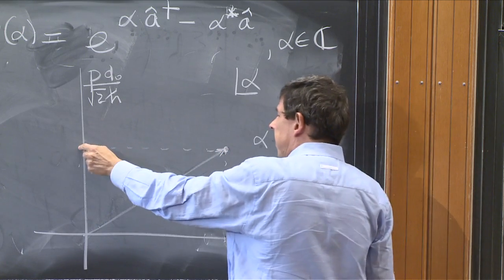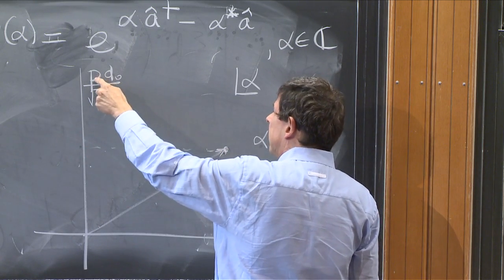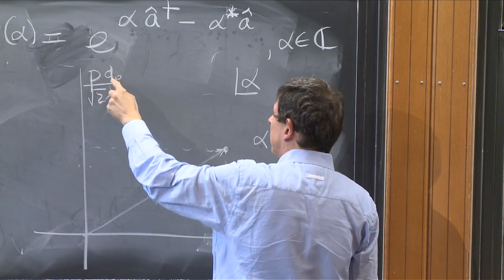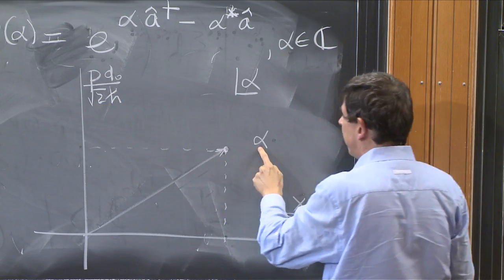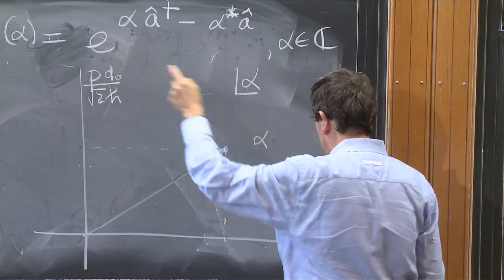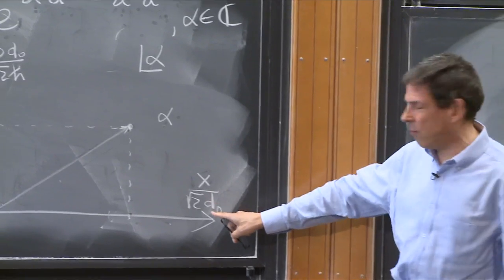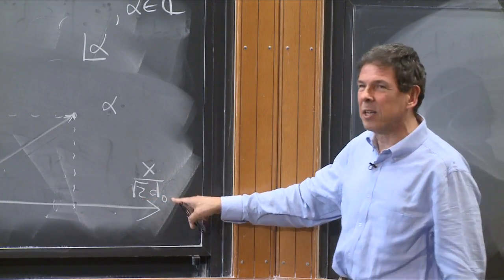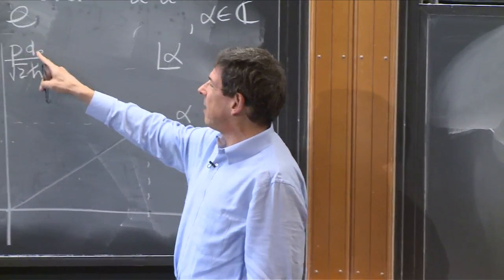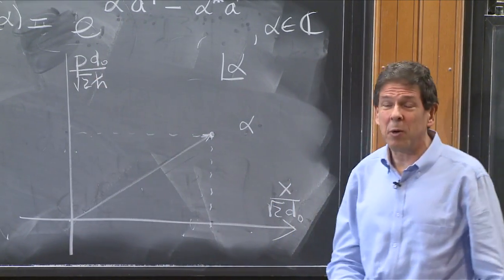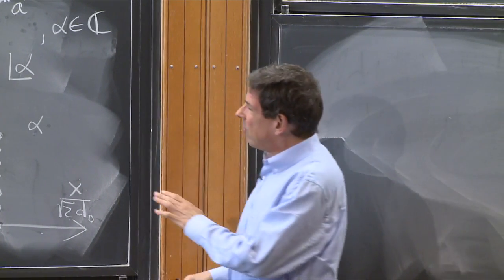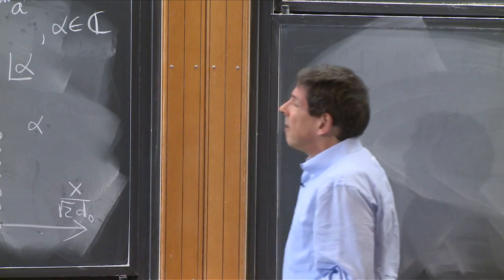You go horizontally, well, that's the expectation value of the momentum, scaled, because this alpha is a pure number, has no units. So this x over square root of 2 d naught and p d naught over h bar have no units, and that's how it should be.